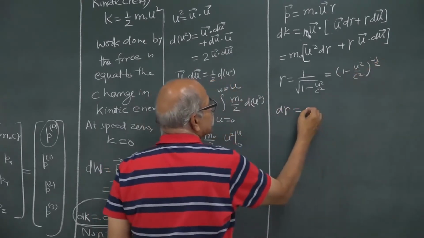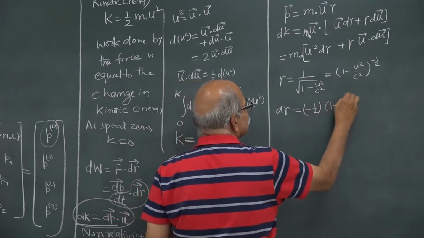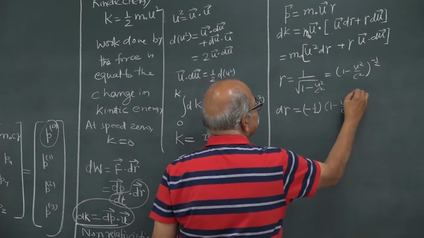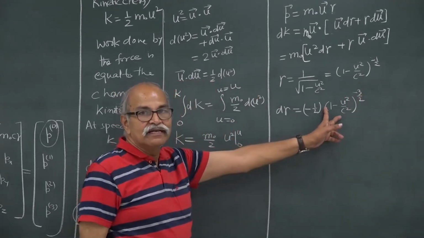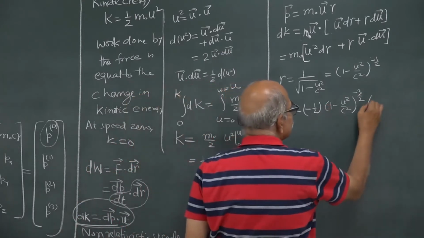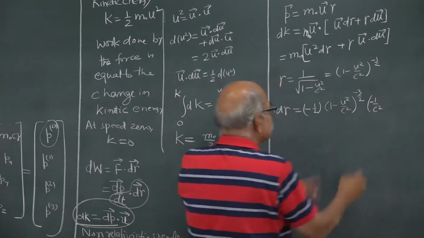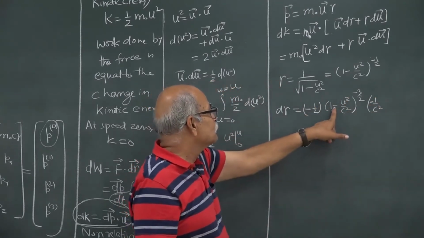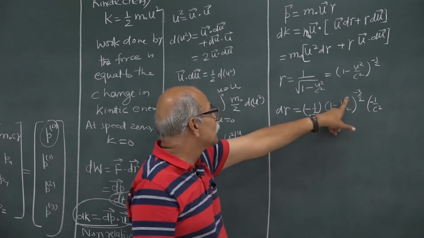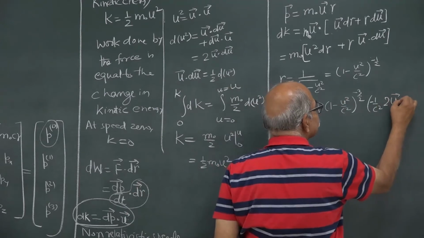First you differentiate this, minus half, then 1 minus u square by c square to the power minus 3 by 2, then you differentiate the inside, and you have minus 1 by c square. You are differentiating with respect to u, so minus 1 by c square times u square. When you differentiate u square, you get 2 times u dot du.